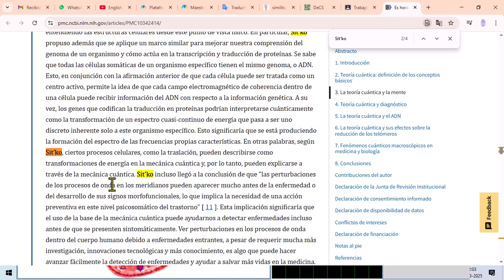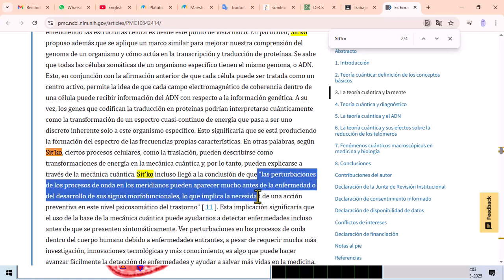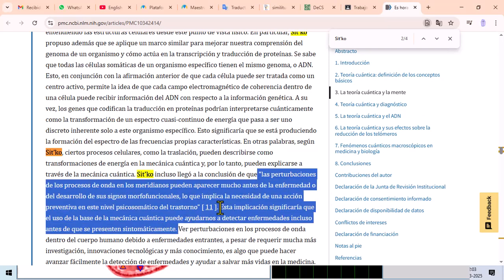He is saying that in the meridians it is possible to detect early, in a preventive way, before the occurrence. This implication would mean that using the quantum medicine basis can help us detect diseases even before they present themselves symptomatically.